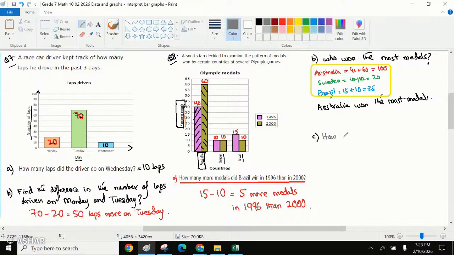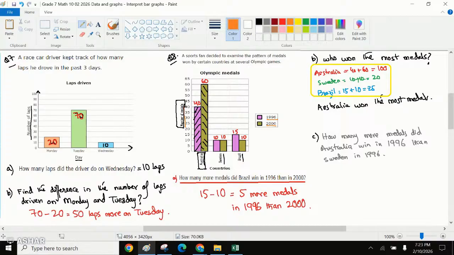How many more medals did Australia win in 1996 than Sweden in the same year, right?